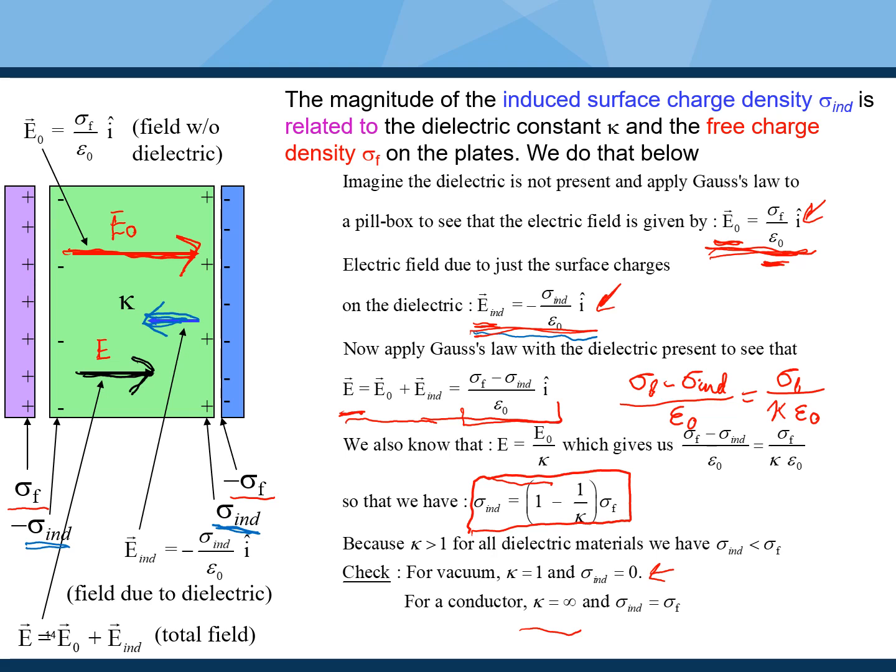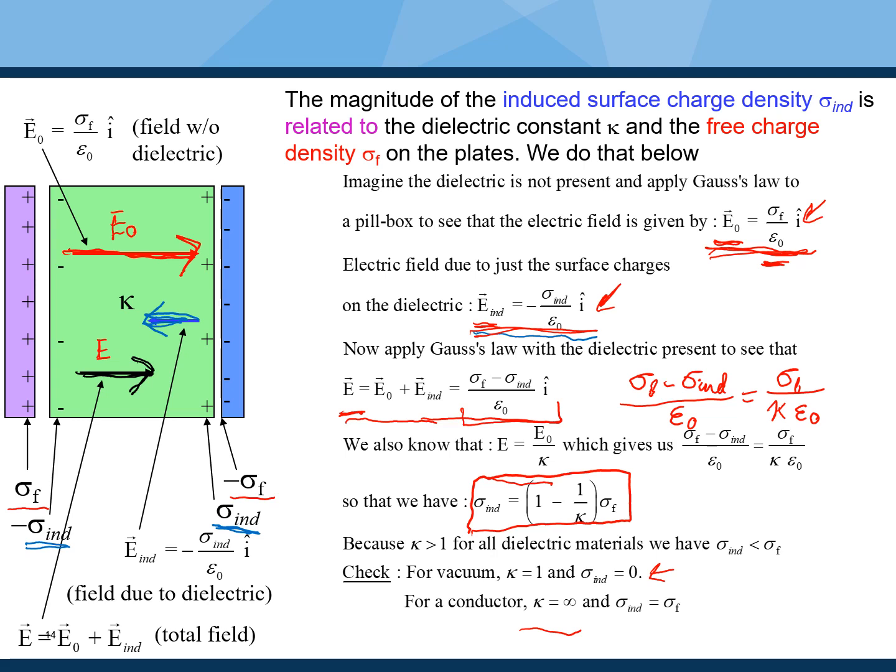So in the case of a conductor, the induced surface charges are exactly equal and opposite to the surface charges on the two plates that make up the capacitor, which is why, if you were to put a conducting slug between the two plates of the capacitor, as we've done in many problems before, you would have a net electric field inside that slug which is exactly equal to 0.